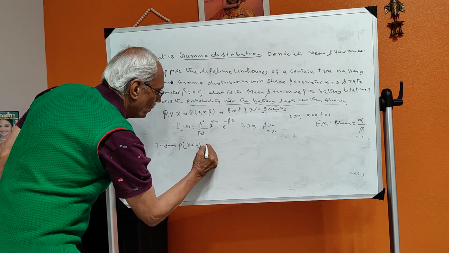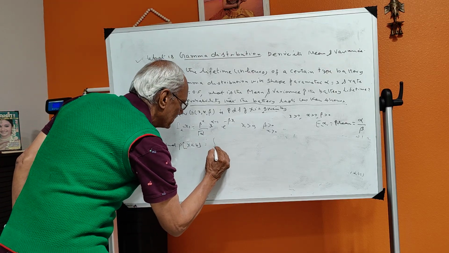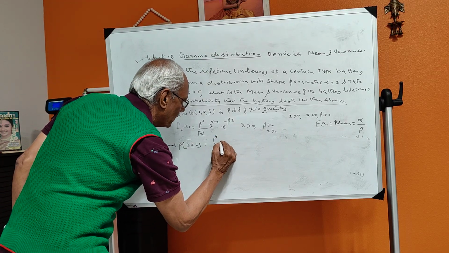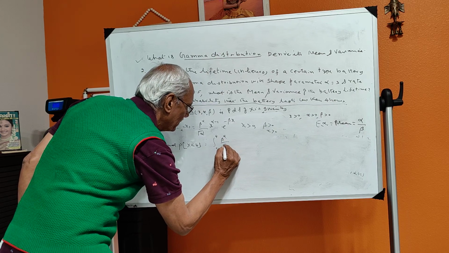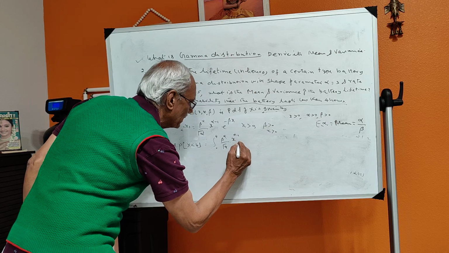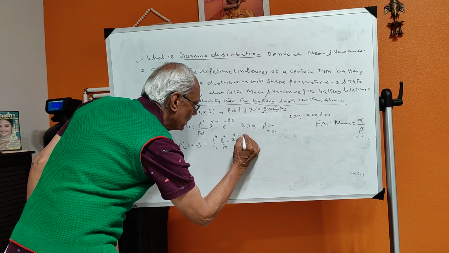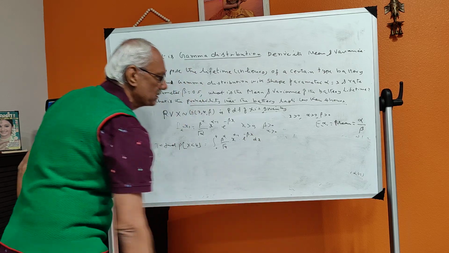We know that P of x less than 4 is the integral from 0 to 4 of beta to the power of alpha divided by gamma of alpha into x to the power of alpha minus 1 into e to the power of minus beta x dx.